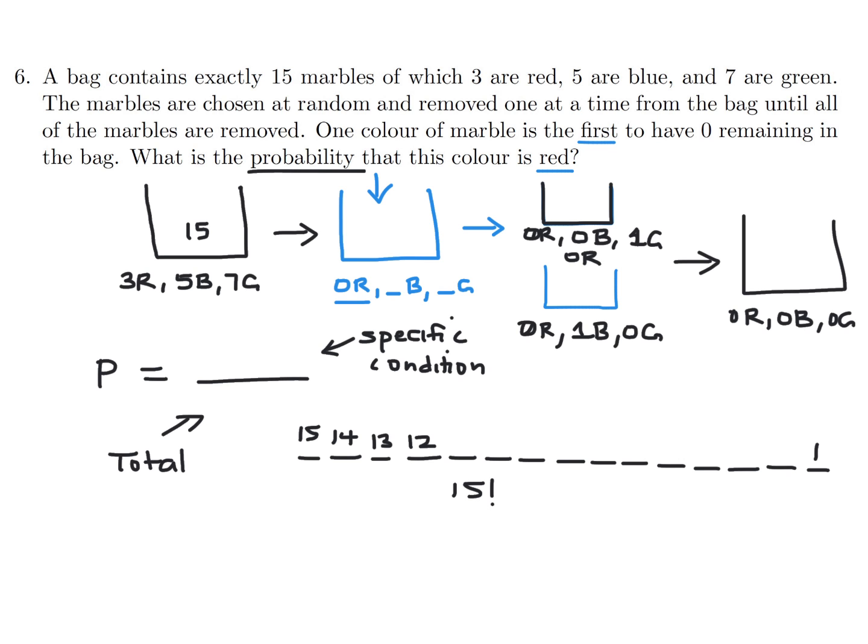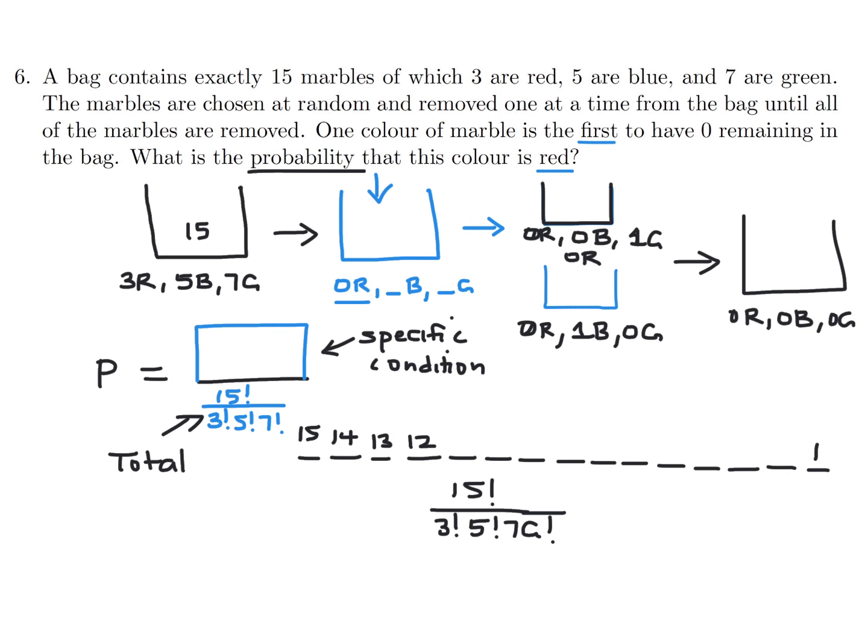To eliminate the duplicates, you have to divide by how many you have of each, which is 3 factorial, 5 factorial, and 7 factorial, to account for the duplicates. So that is what goes in the denominator: 15 factorial over 3 factorial, 5 factorial, and 7 factorial.